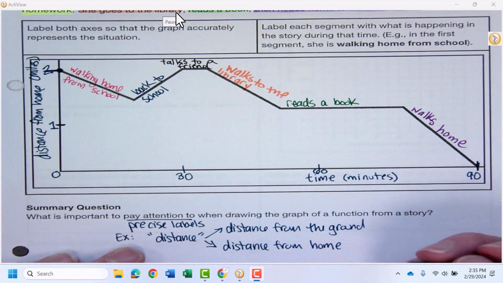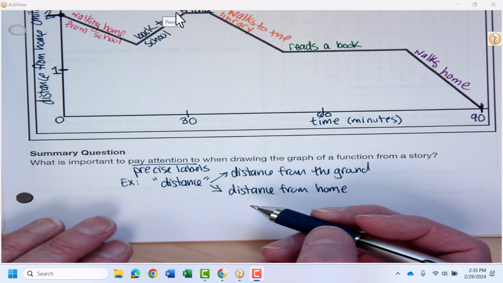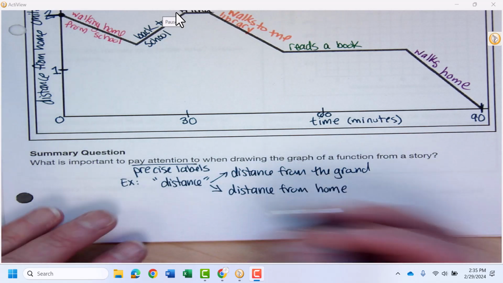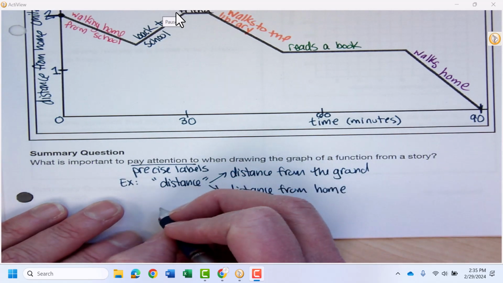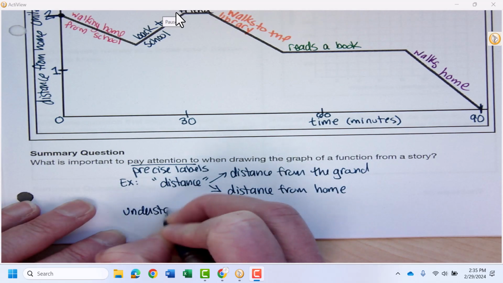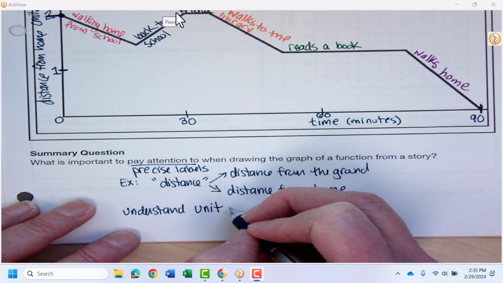Or distance from the swing, or any other thing. Similarly, let's see what else we want to say. Make sure you understand what the units represent. It has to do with precise labeling.